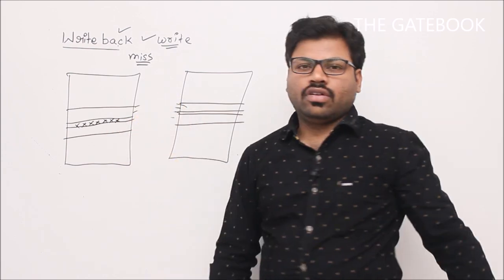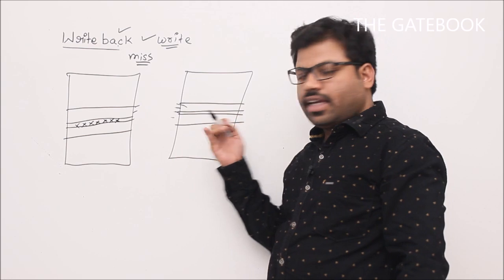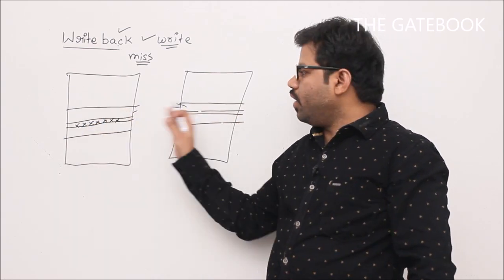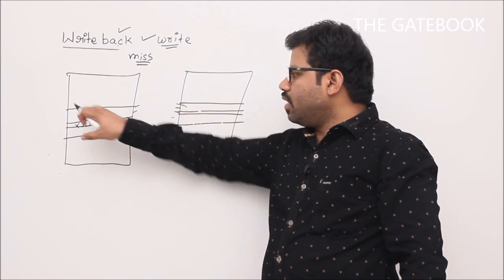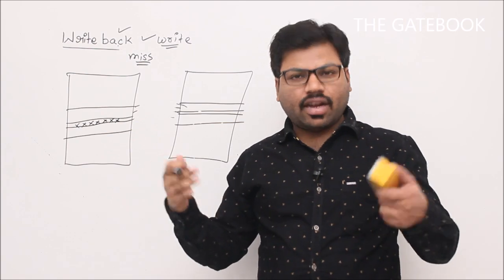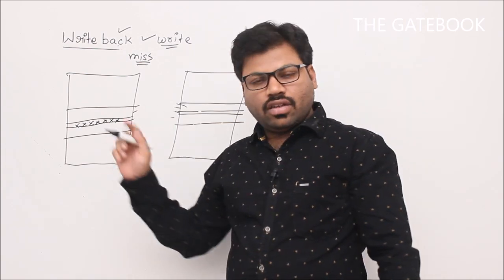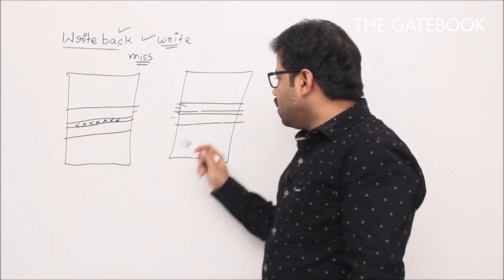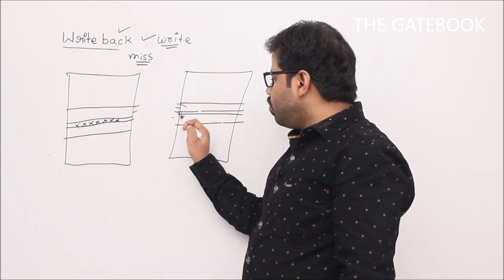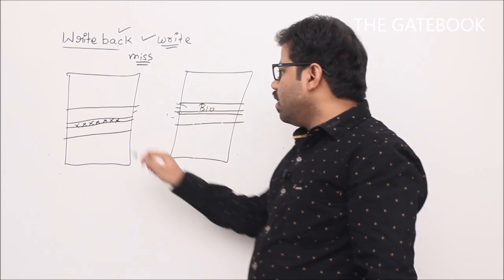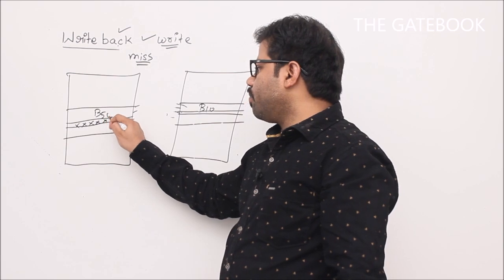So what do we do? If there is a cache miss, then like write through, we simply move that block to the cache. Maybe that cache block is occupied by another main memory block, the same story again. Let's say the block we are searching for is B10 and currently the cache holds B50.